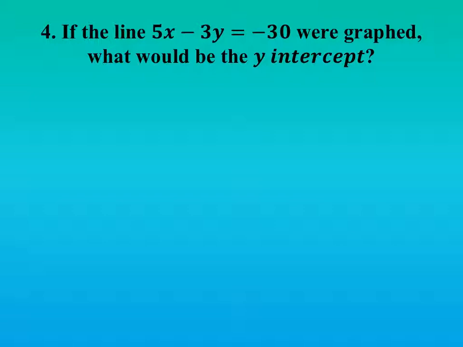Question number 4. If the line 5x minus 3y equals negative 30 were graphed, what would be the y-intercept? So, kind of doing exactly what we just did, but now we're looking for our y-intercept. So our y-intercept, that means that x equals 0. So I plug in 0 for x.